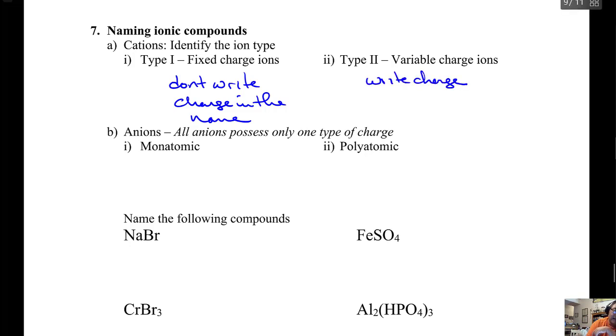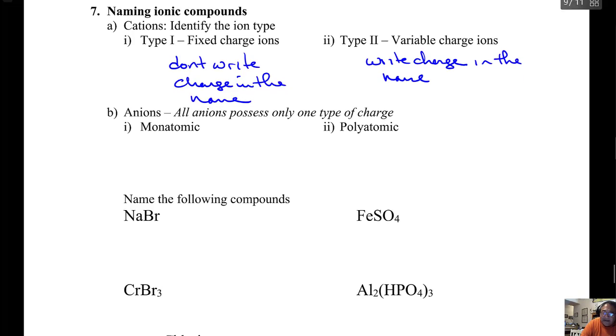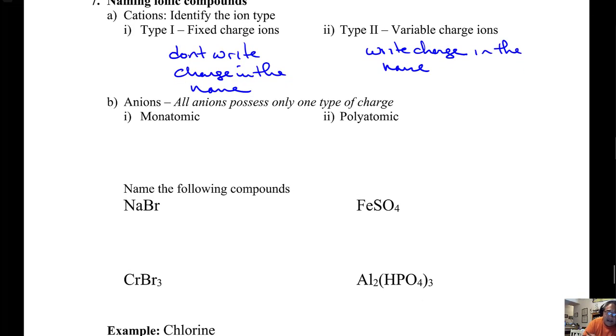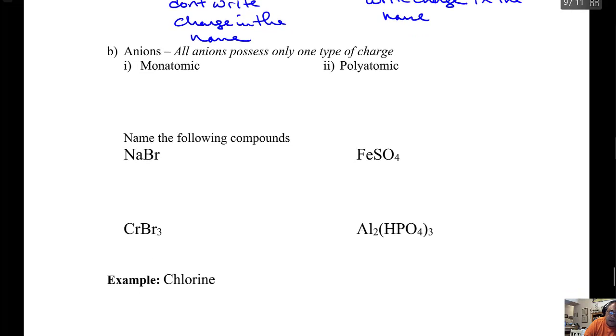And by tradition, we write it in Roman numerals. Now, I don't really need to talk about monatomic and polyatomic. We've already talked about those. You just write their names for those.